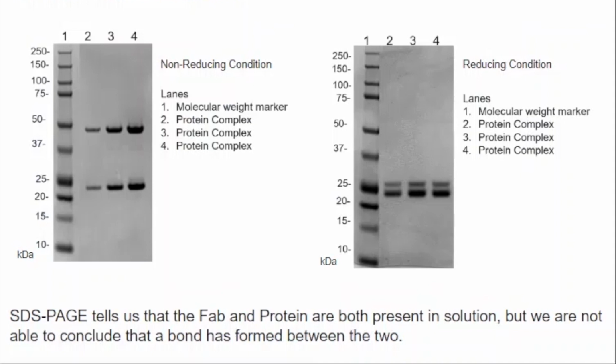And we can see on these gels that both the antibody and the protein are present in solution. But what we can't really tell from a gel alone is that any binding has occurred. We can see that they're both there, but we can't really see that the two molecules are interacting.